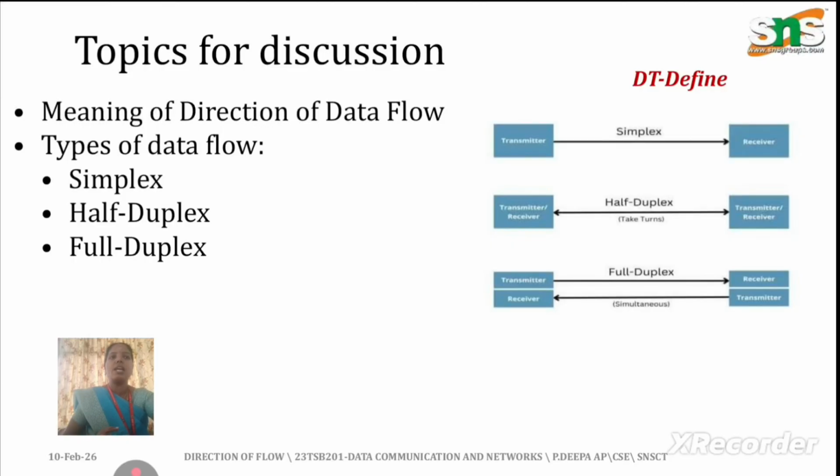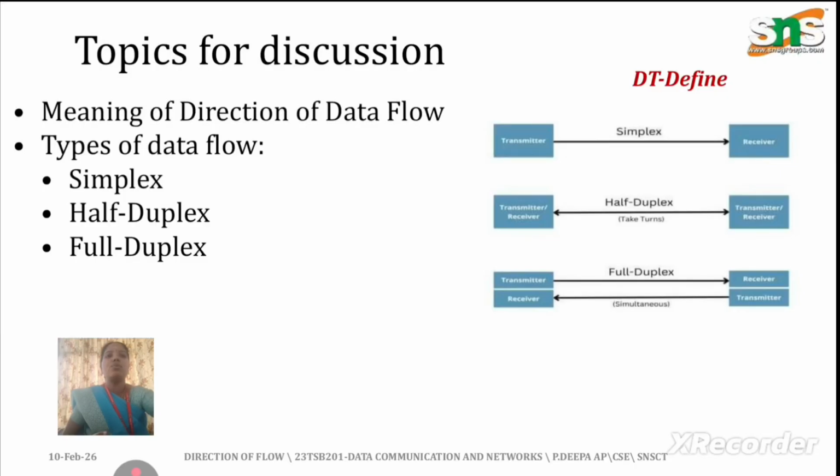A very relatable example is a walkie-talkie. When one person speaks, the other person listens. They cannot speak at the same time. Old LAN hubs and radios also work on this principle. Half duplex communication is useful where two-way communication is needed, but simultaneous communication is not necessary.